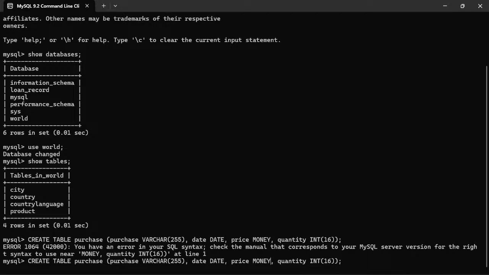Money data type in SQL. Yeah, that's correct. Money, that's fine.